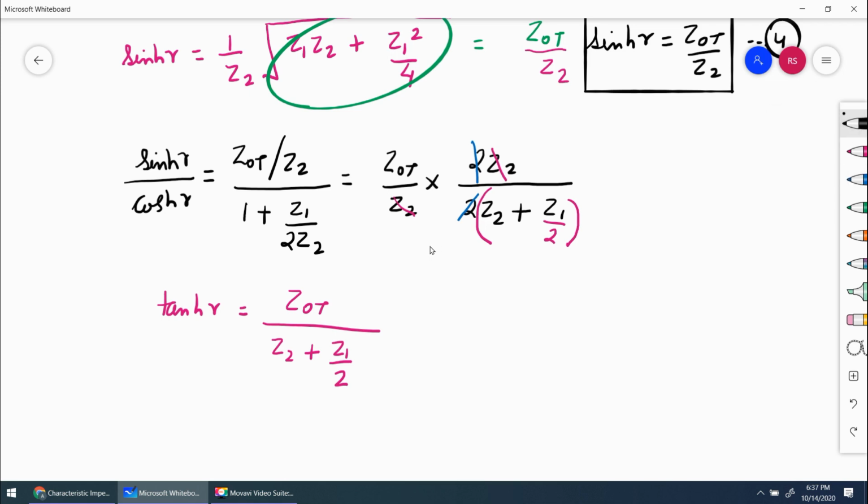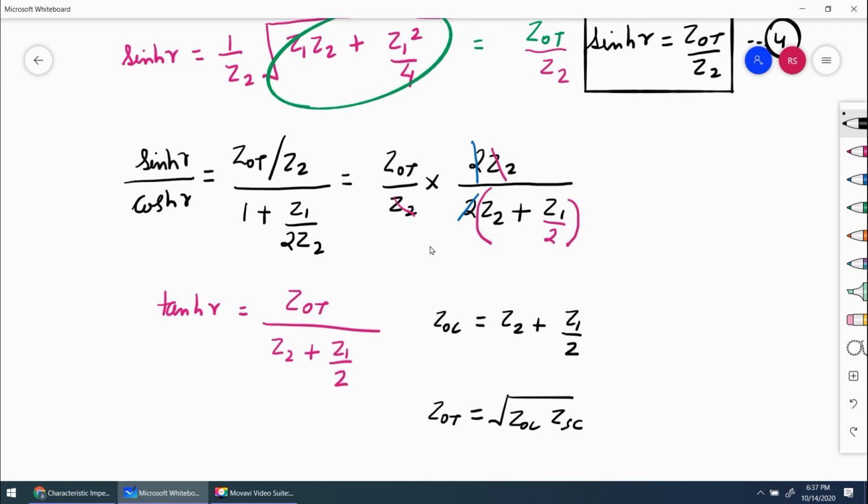But we know that ZOC is equal to Z2 plus Z1 by 2, and we also know that ZOT is square root of ZOC into ZSC.